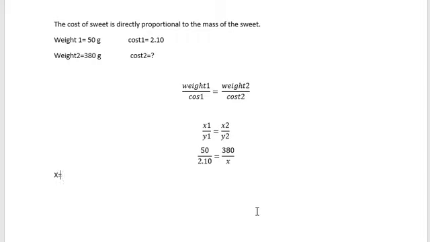If I want to find the value of the unknown cost, we can easily form the equation here: 380 multiplied by 2.10 divided by 50, and that equals 15.96.